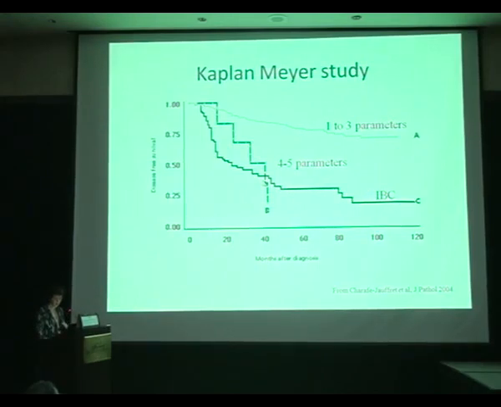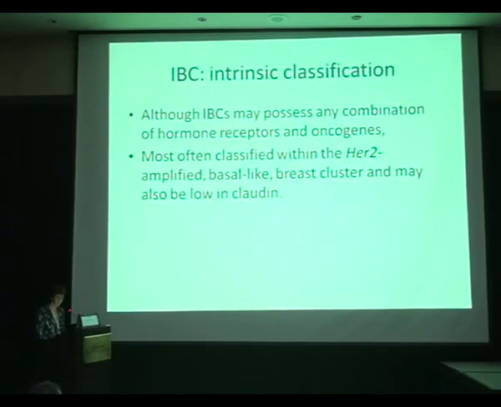So this is the definition of inflammatory breast cancer immunohistochemical features that can be applied to different types of breast cancer, and when present, are associated with aggressivity. Most often in the inflammatory you have HER2 amplified or basal-like breast cancer. You can also have some tumors that are claudin-low.